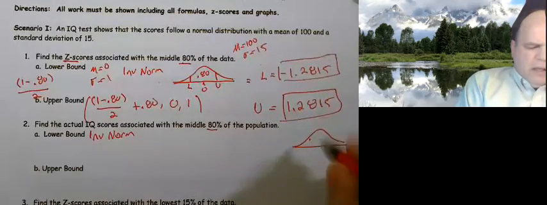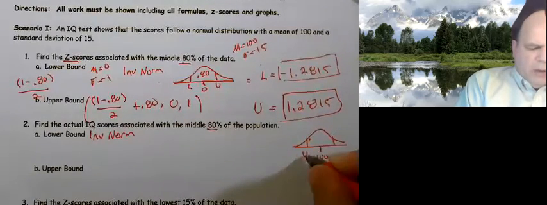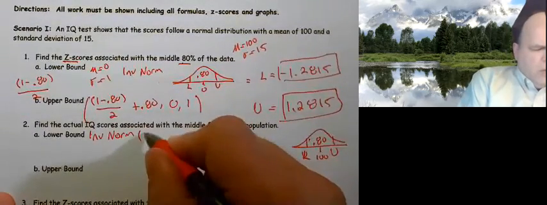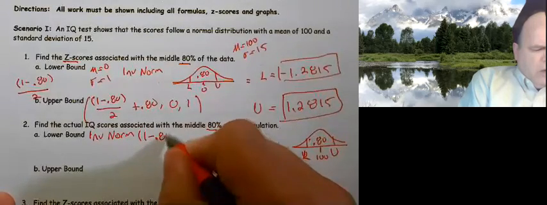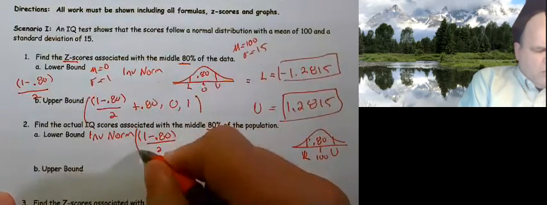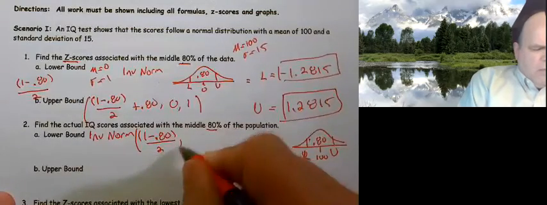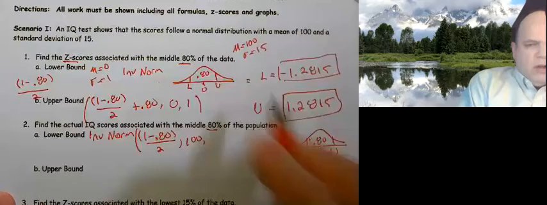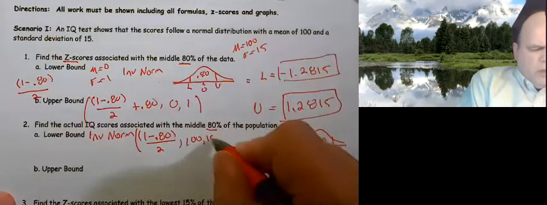So now my mean is 100. And we have a lower and an upper, and this is going to be 0.80. So it's inverse norm. 1 minus 0.80 divided by 2, mean of 100, standard deviation was 15. So this is what I need to put in the calculator.